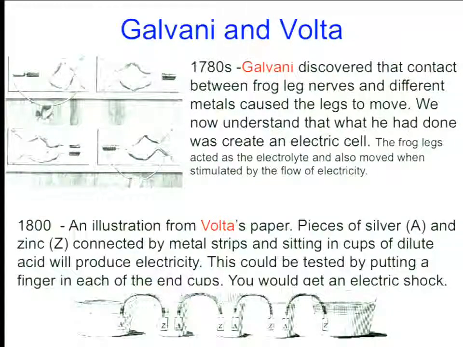The great discovery was in 1780, what I think of as the golden age of electricity, really, when Galvani, you know this story? Galvani was a doctor, and he was an anatomy professor, and he was dissecting frogs.